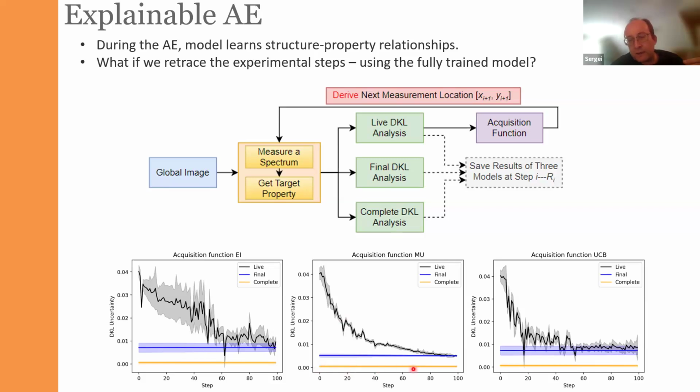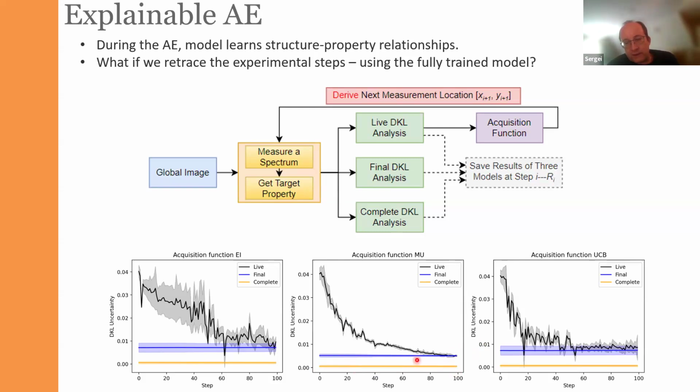But for the optimization of the algorithms, or just figuring out the metrics, the yellow line tells us how much the deep kernel learning model could have learned if all data were available.